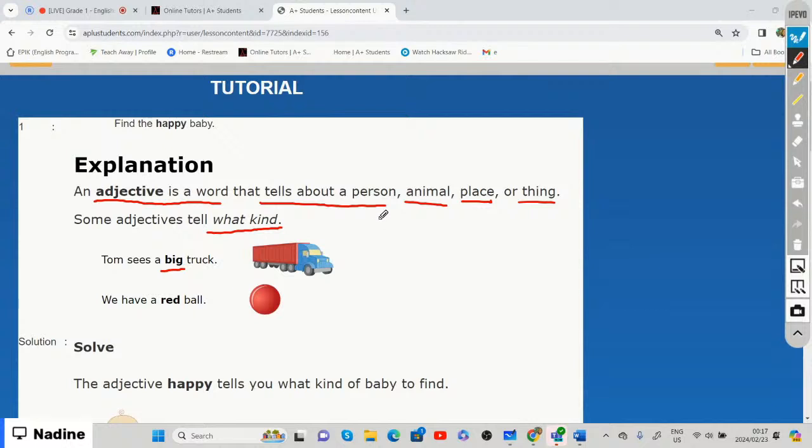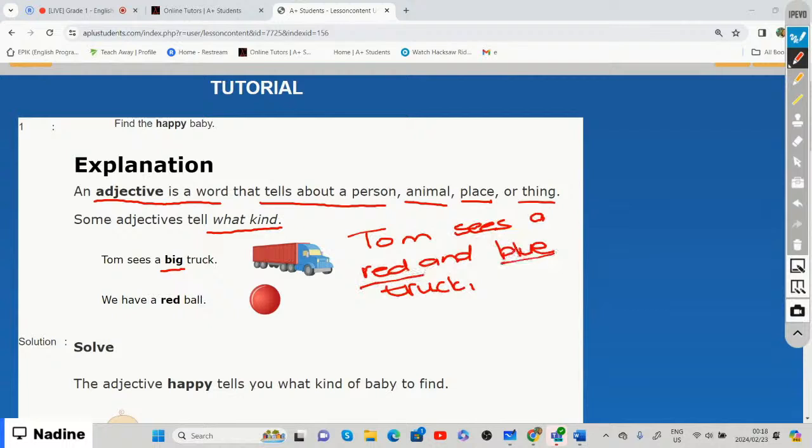So you can say Tom sees a big truck, or Tom sees a red and blue truck, because this one is red and it is blue. You can basically describe the truck by color.